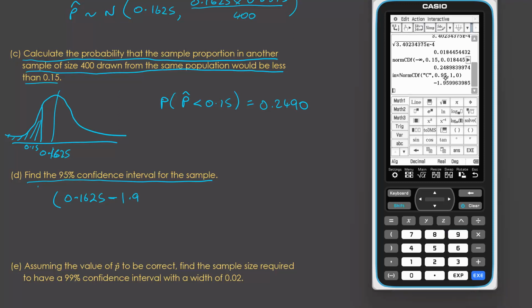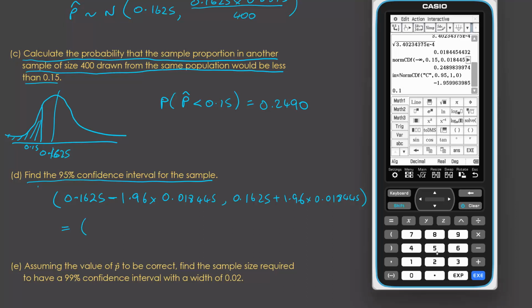So this will be 1.96 times our 0.018445. And then we'll want the 0.1625 plus 1.96 times 0.018445. And let's see what that gives us.